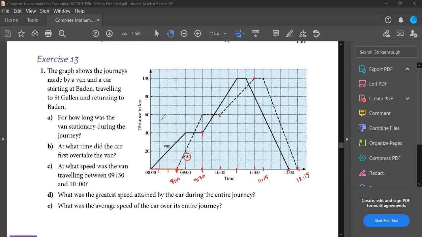Okay, thank you very much. Now, if you see the questions, for how long was the van stationary during the journey? The van. For how long?